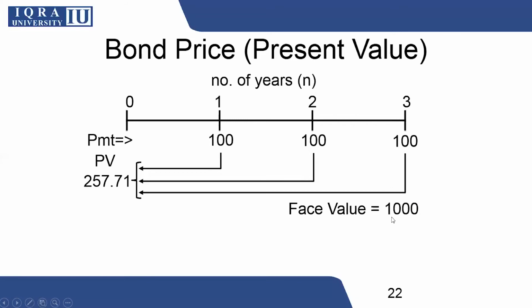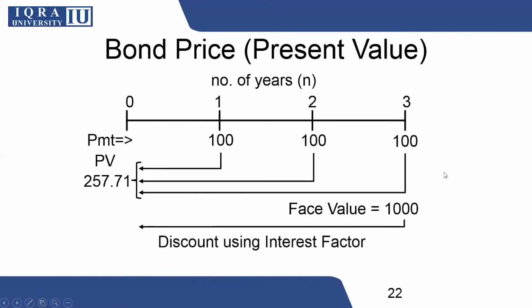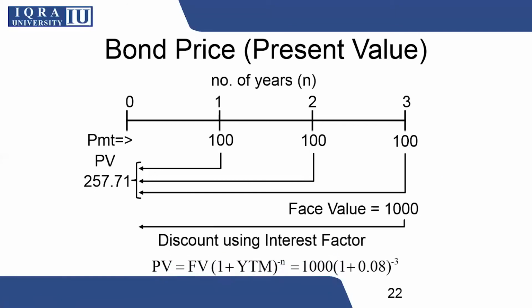So you will also calculate the present value of this amount. Remember that the present value of the interest amounts was taken as an annuity, while the present value of this amount will be taken as a single amount. So we will use a simple discount factor, and you are already quite familiar with this kind of formula, that present value is equal to future value divided by 1 plus YTM raised to n.